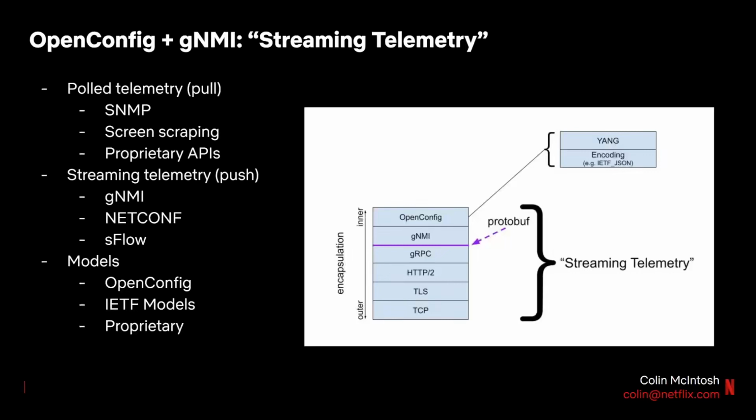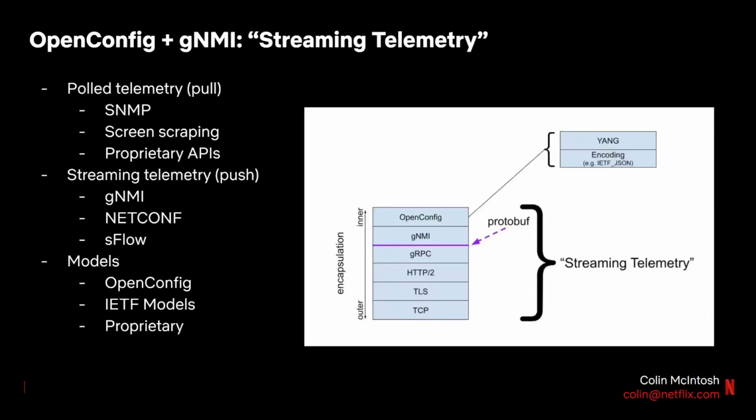This is a contrast to more traditional polling telemetry systems, such as SNMP, screen scraping, or proprietary vendor APIs that many network operators use today. Additionally, we use OpenConfig data models at Netflix and encourage our vendors to do the same. But there are other models available as well, such as IETF models or proprietary models that are specific to a single vendor.